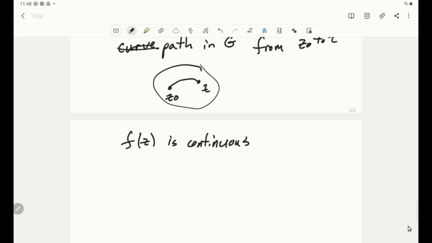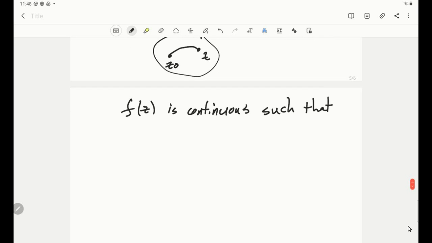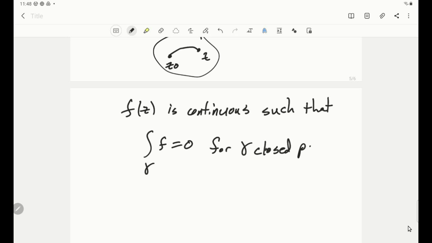And such that the integral over any closed path of f is equal to 0, for gamma a closed path in G. So if I've got this nice function that came from a holomorphic function, it's the derivative of some function, that's what this is saying. We need to have nice functions.